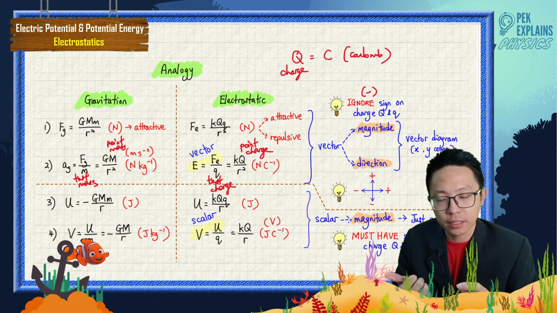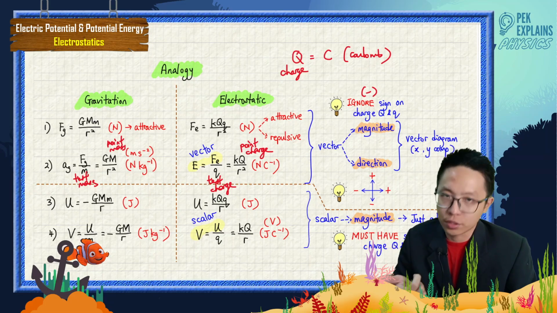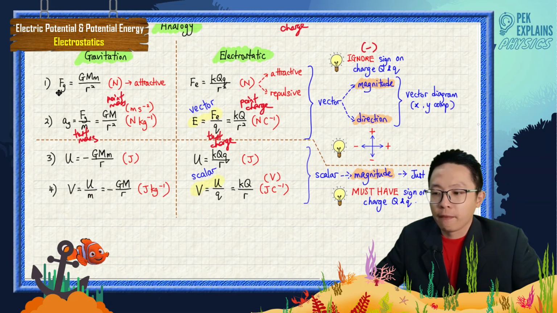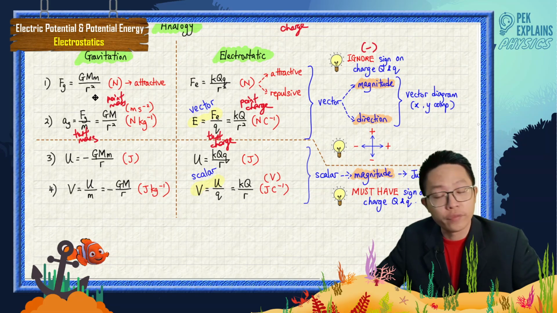They have similar terms and similar equations: gravitational force, electrostatic force, gravitational field strength, electric field strength. It's just that for gravitation they use mass, but for electrostatics they use charge.